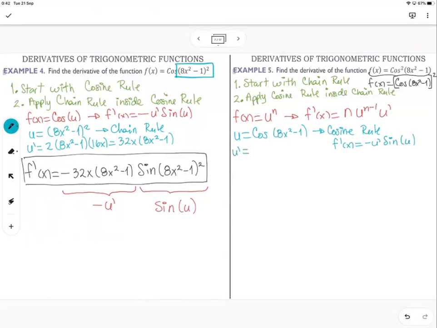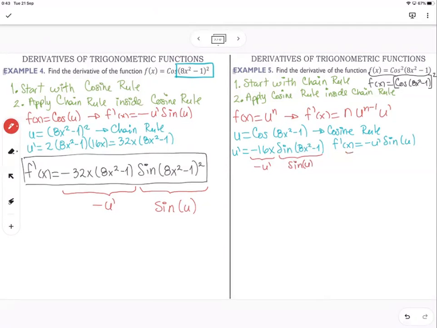So the derivative of cosine is going to be negative 16x sine of 8x squared minus 1. Okay, so this is minus u prime sine of u.